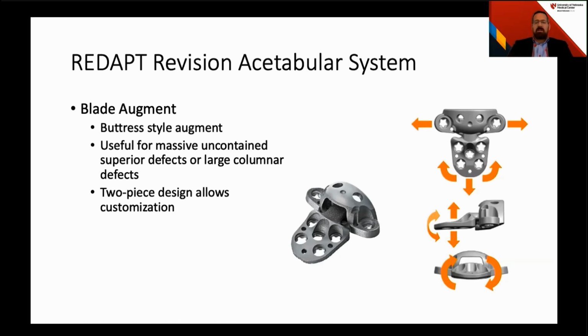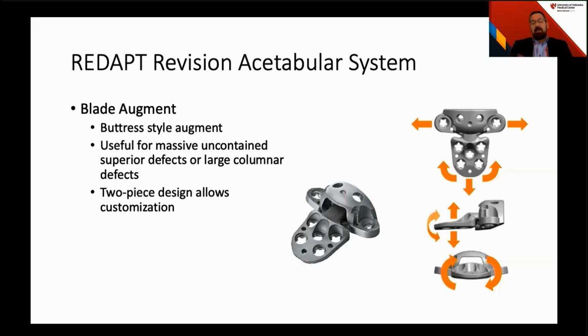The idea here is that the lower part is fixed first, and then you can attach the upper blade to the ilium. And because they're not mechanically attached, you really can get great customization. You get a good flush fit. And then once you've got everything locked into position with screws, you unitize the two with cement, and it really creates an incredibly robust construct.